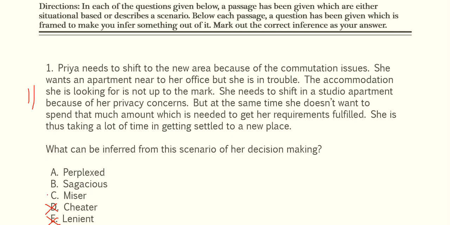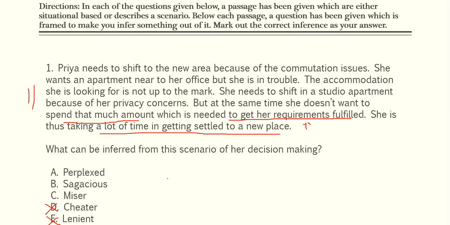Now, miser, see, it is mentioned here that she doesn't want to spend that much amount which is needed to get her requirements fulfilled. She is just taking a lot of time in getting settled. Fine, just by seeing this we cannot call her a miser, right?